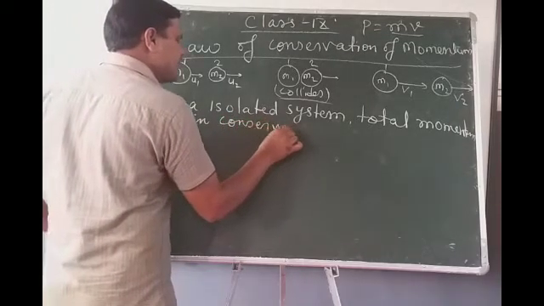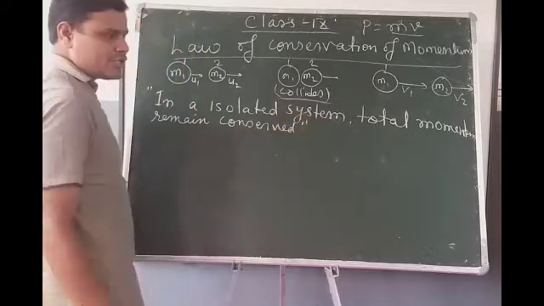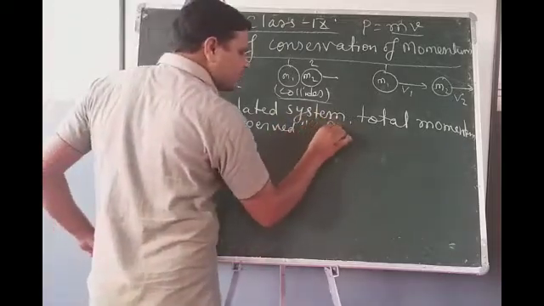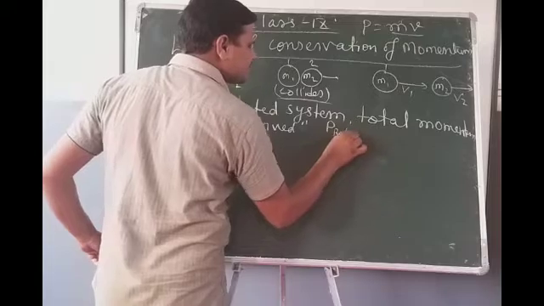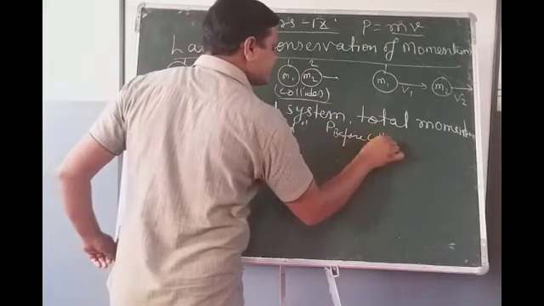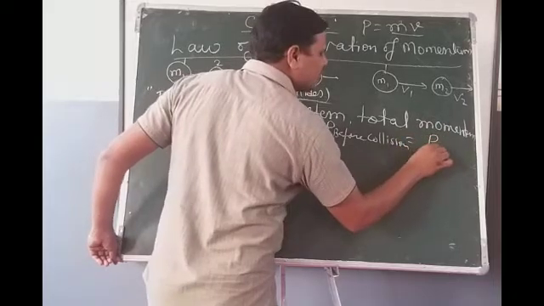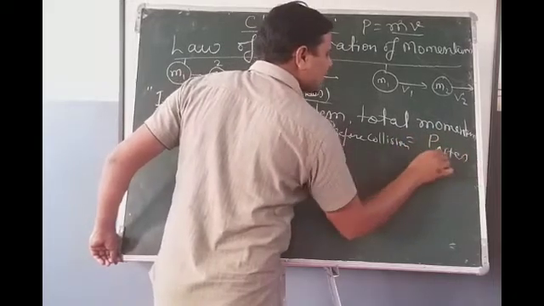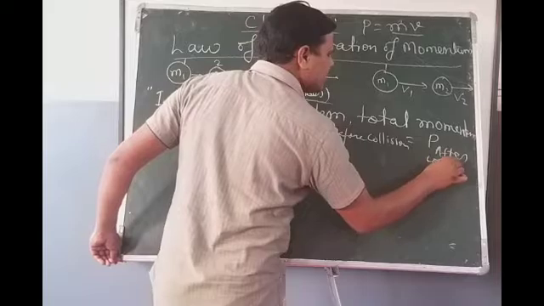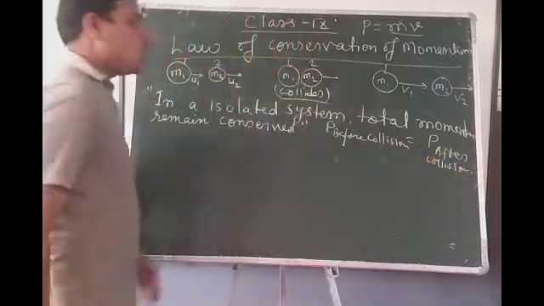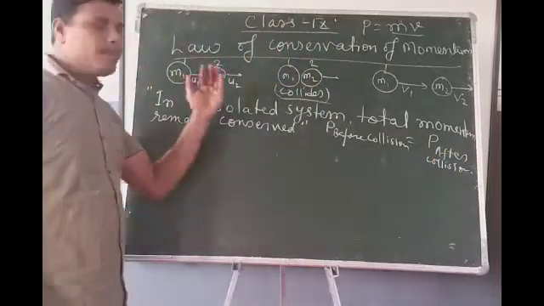What is total momentum? That means we can show that momentum before collision is equal to momentum after collision. This is known as the law of conservation of momentum.